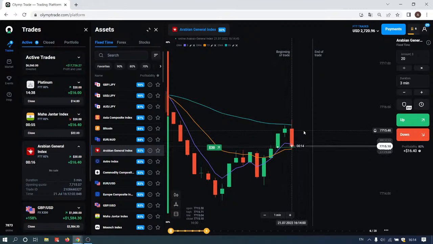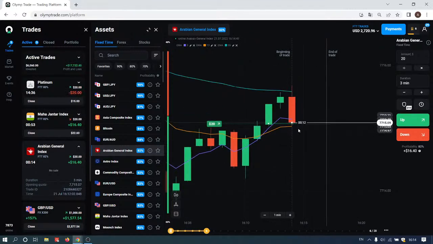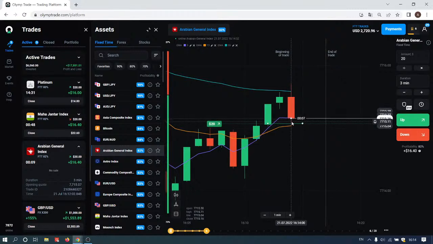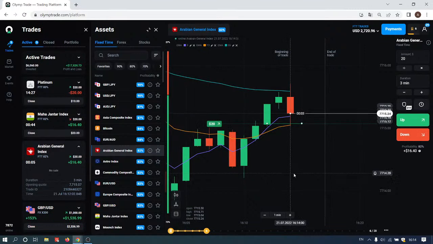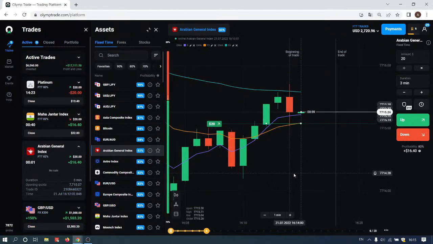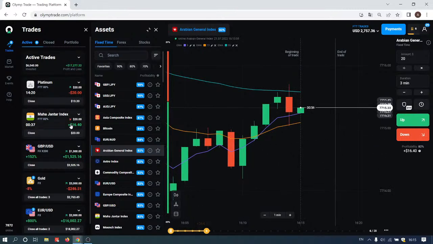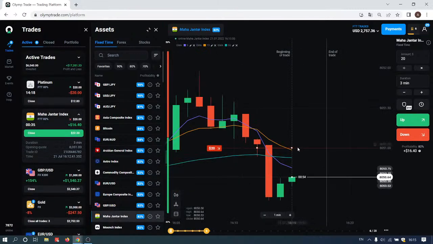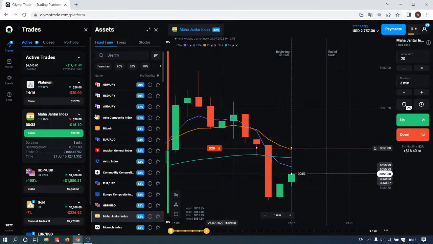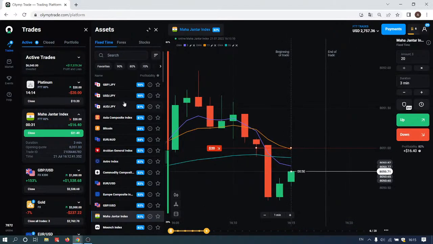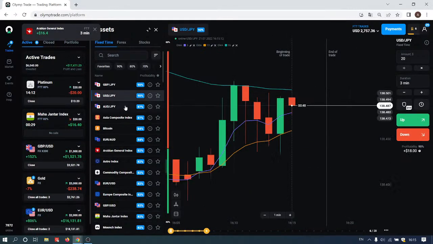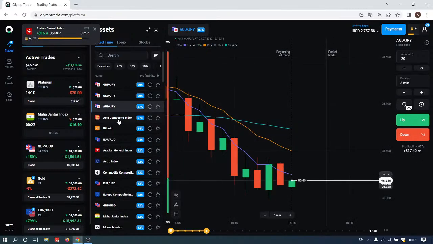So my Arabian General Index trade. 10 seconds to go, and I hope, 5 seconds to go. Yes, this will be profitable. This is going to be a profitable trade, definitely. Nice. Mahajantar, I think this trade will also be profitable. Close with a profit.